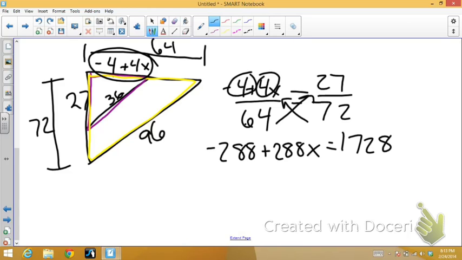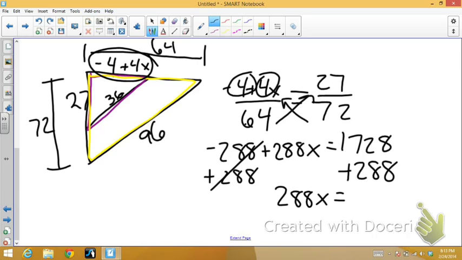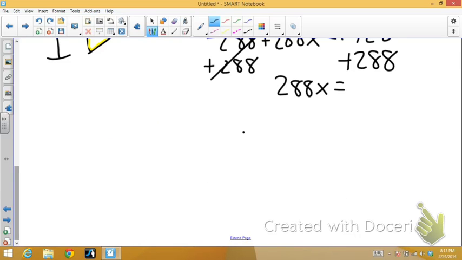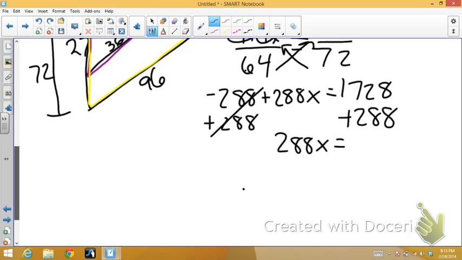So now we do our opposite operations. We have to think, what's our first opposite? The opposite of minusing is adding. We have to add 288 to both sides. 1,728 plus 288 is 2016.